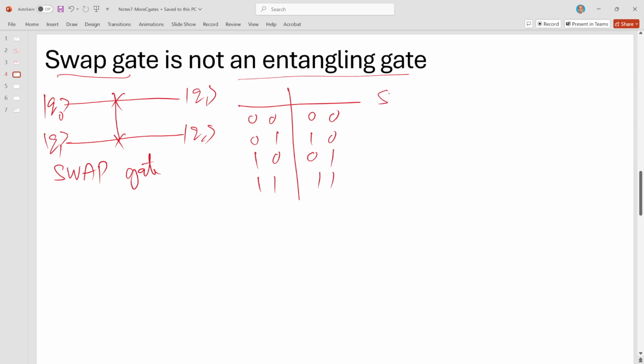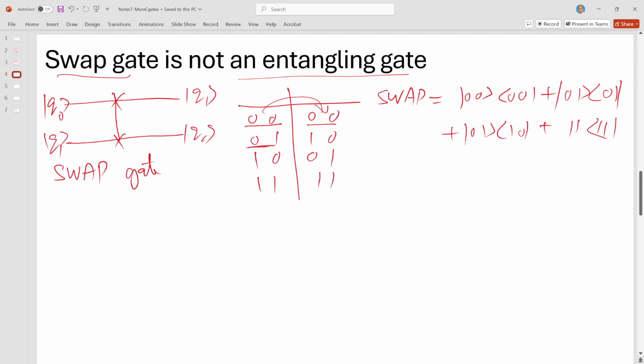And if we want to write its operator form, I can write it from this truth table, because |00⟩ is going to |00⟩, plus |01⟩ going to, sorry, this is |01⟩, let me write |01⟩. So |01⟩ going to |10⟩ and plus |10⟩ going to |01⟩ and |11⟩ remaining as |11⟩.